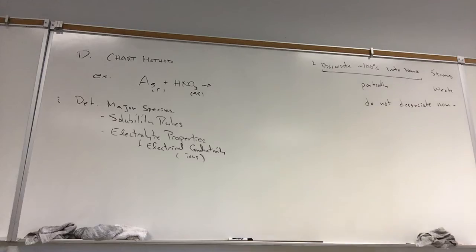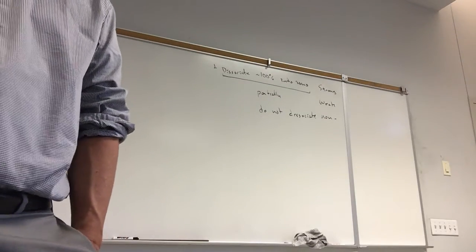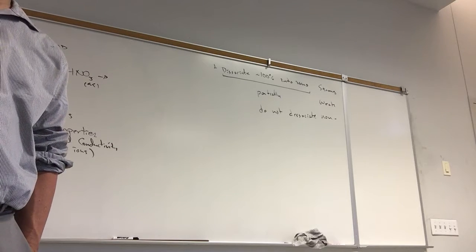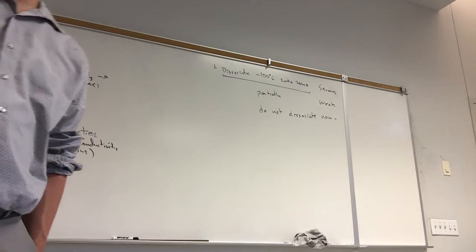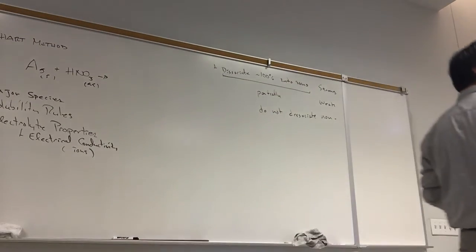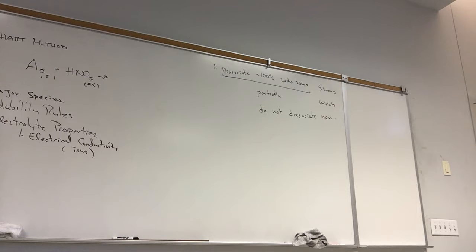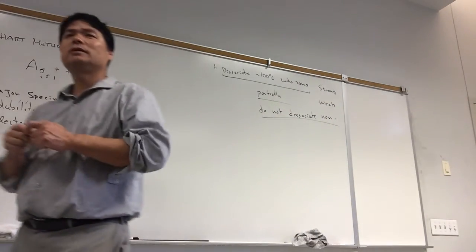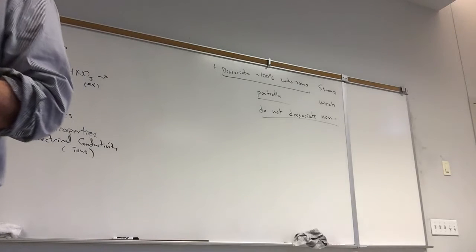So you should know, what are the strong electrolytes? This should be automatic. This is something from Chem 4, it should be automatic. You should have it memorized. What are the strong electrolytes? Not the metals. No?